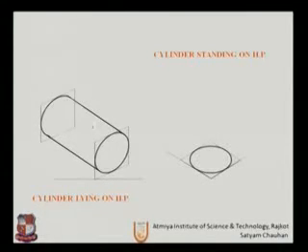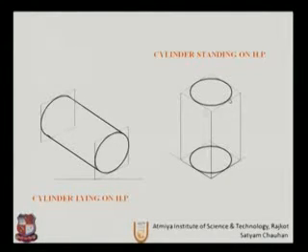So this will be the cylinder laying on HP. To draw the cylinder standing on the horizontal plane, take the top view of a circle, and then from the points draw another rhombus and draw the similar view, just a copy of the previous view, the base and the top of the cylinder, and simply join the outer edges to show the standing cylinder.